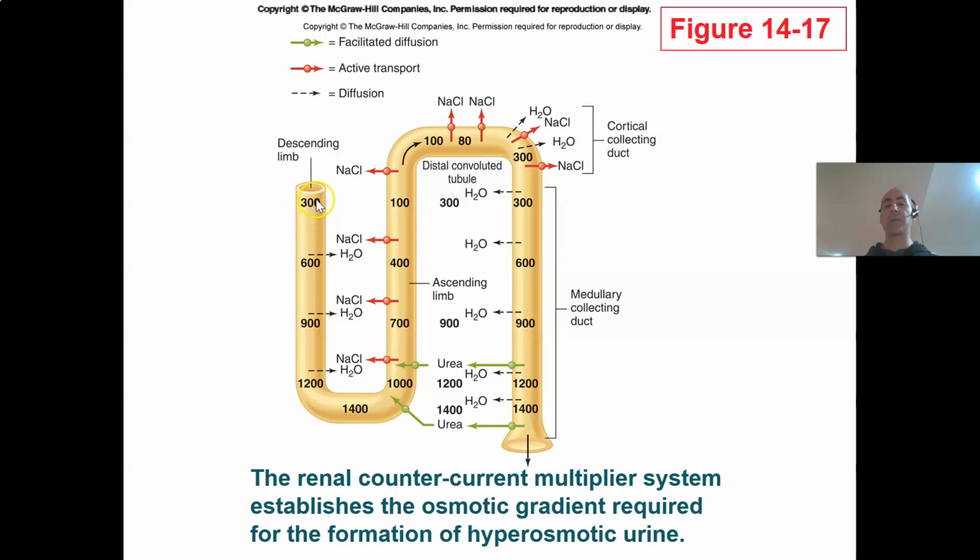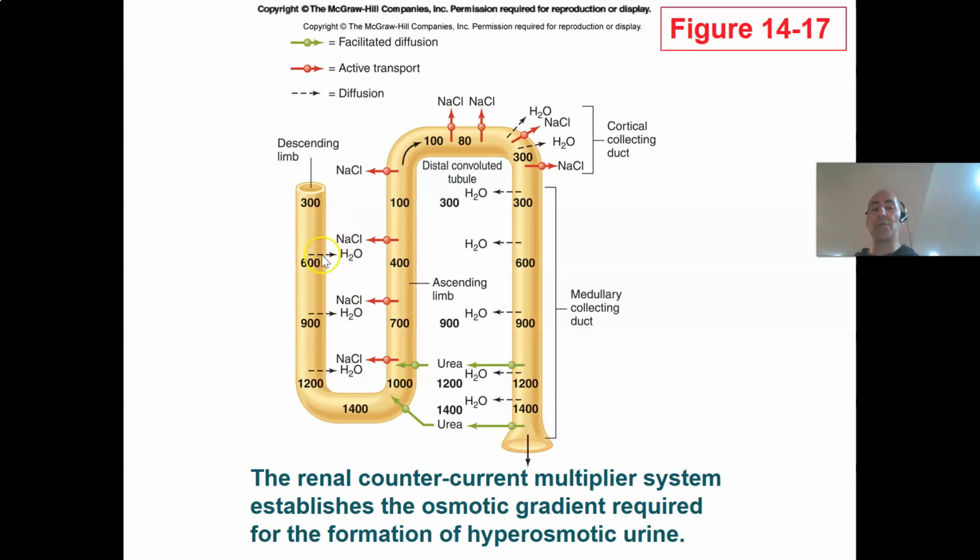What starts to happen is as you move down the descending loop of Henle, you have only water reabsorbed because you have aquaporins in this area here in the membranes, and water moves down its electrochemical gradient.